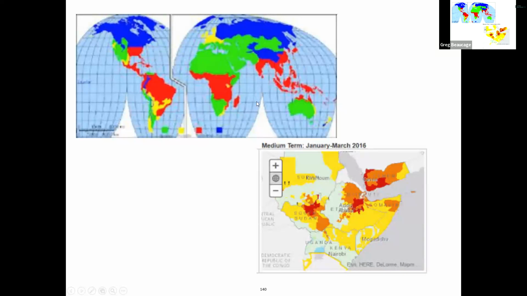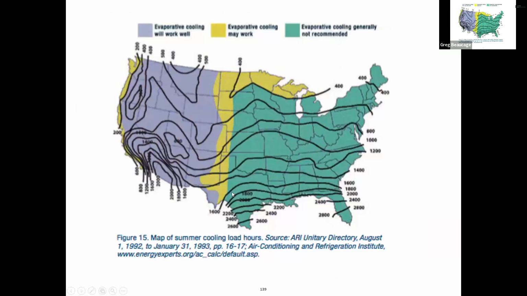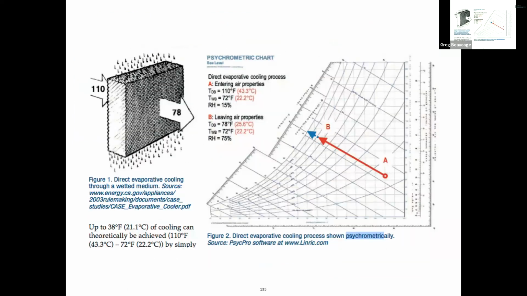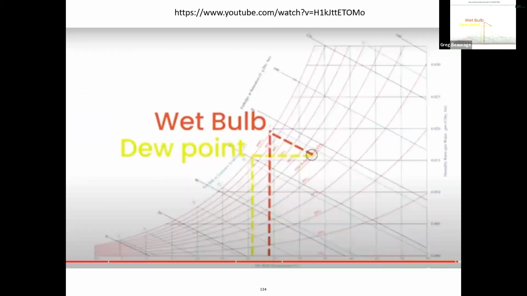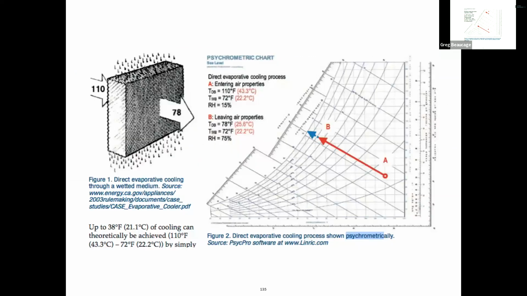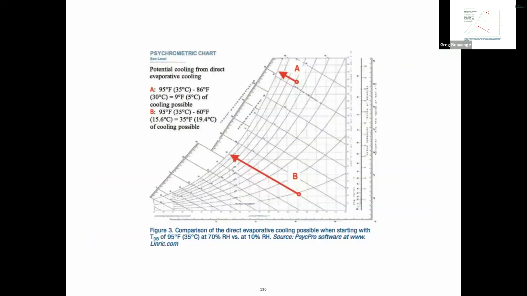So in Ethiopia, which is right here, there are certain parts where it can work and some parts where it can't. So anyway, that's the swamp cooler thing. The trick here is to not be in a humid environment and to be at a high temperature. Then you can get that to work.